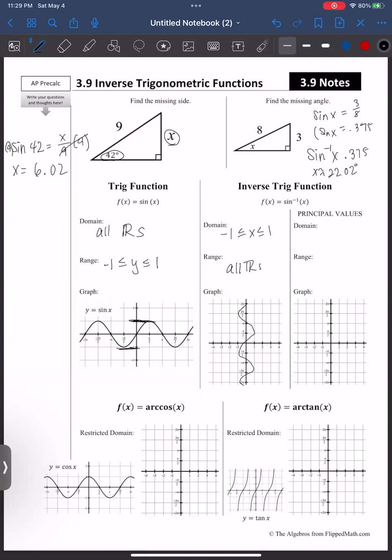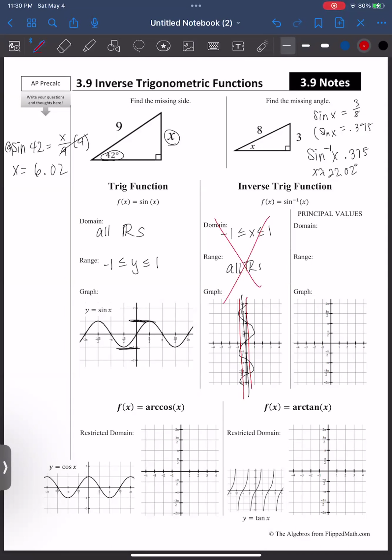It's basically the sine function, but sideways. Now, the problem is that if I were to do the vertical line test, this would actually fail. Remember, the vertical line test determines whether or not I have a function. So this is not going to work.